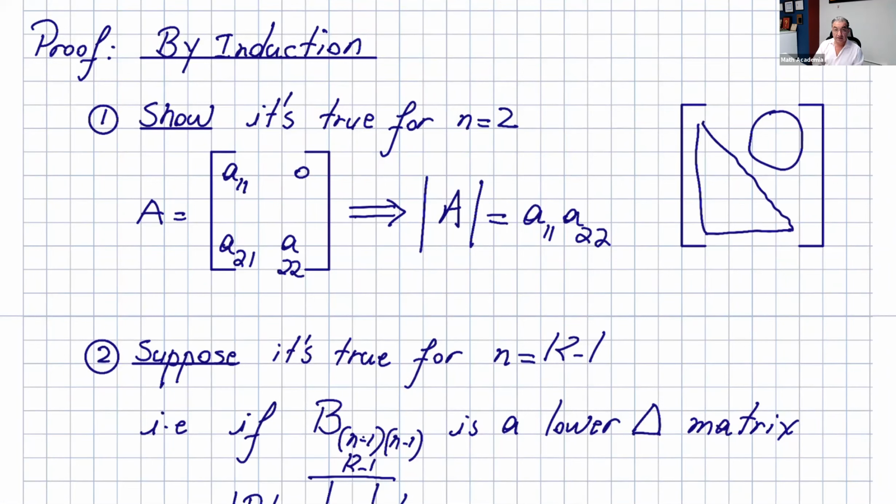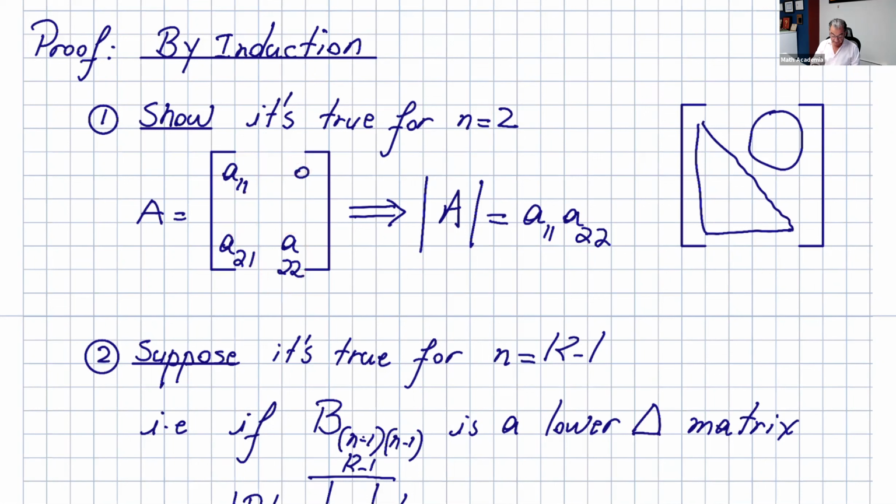For induction, in my last video, I said there are 3 steps. Step number 1, you show that it's true for n equals 1 or 2. In this case, most of the time when you deal with matrices, you take n equals 2. So if I have a 2 by 2 lower triangular matrix, that means A11 and this number is 0, and A21 and A22.